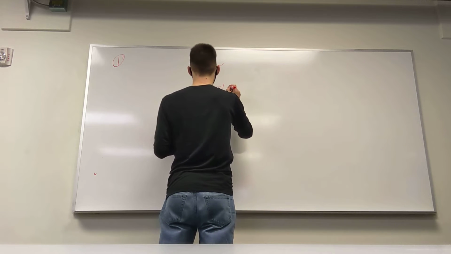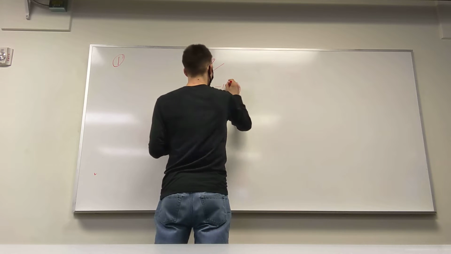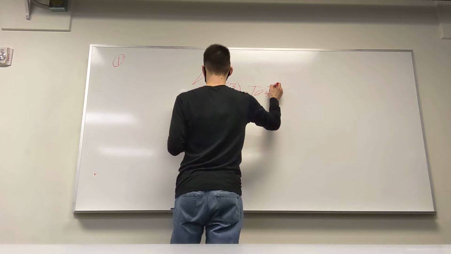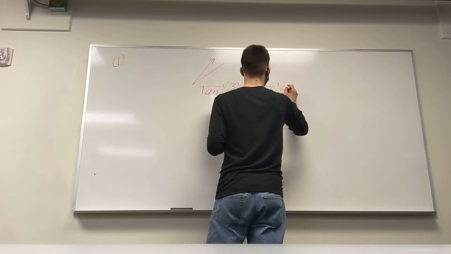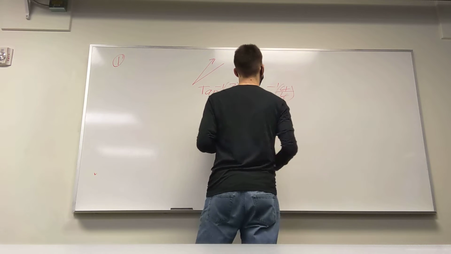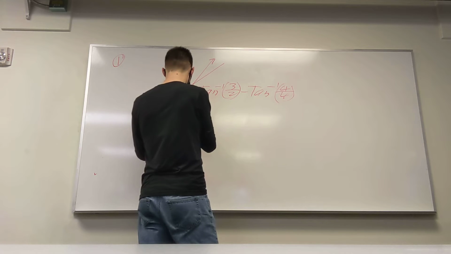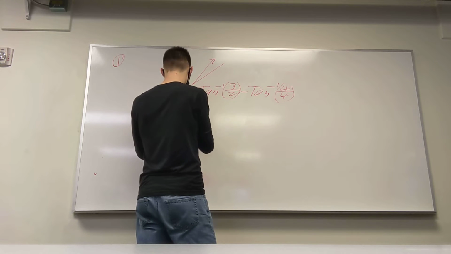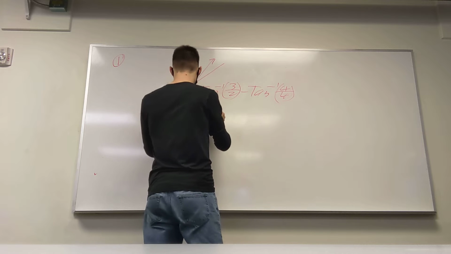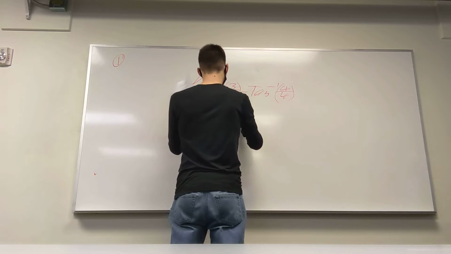So I'm going to go the arctangent of 3/2 minus the arctangent of 4/4, which is 45. So whatever this is, minus 45. And that's going to be 11.3.